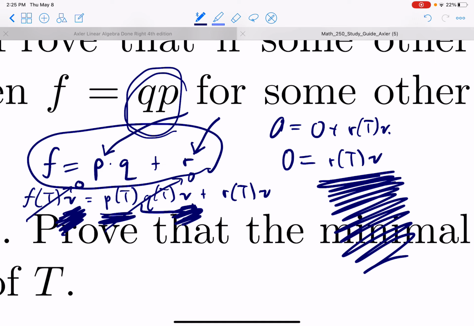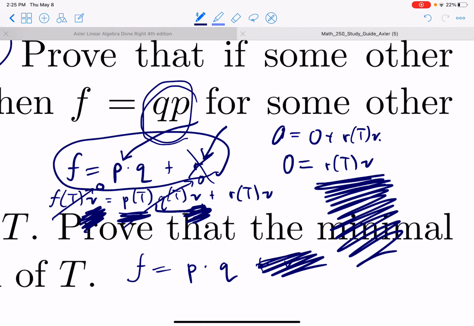Then that would mean p was not minimal after all. The only way out of this is if r is actually the 0 polynomial. Then it doesn't contradict minimality of p, but it does mean that p divides f. There is no remainder. Okay, good.